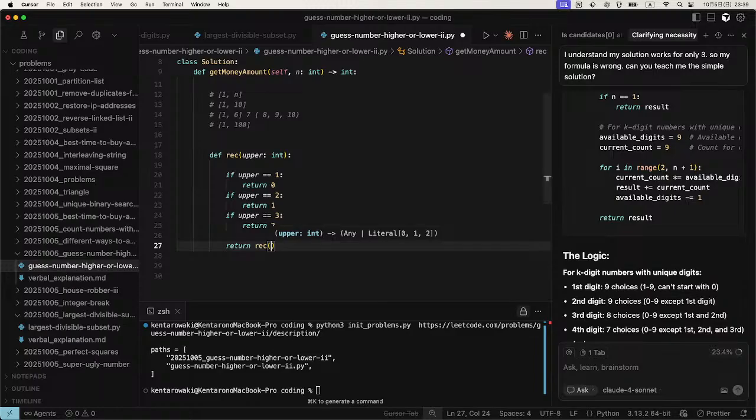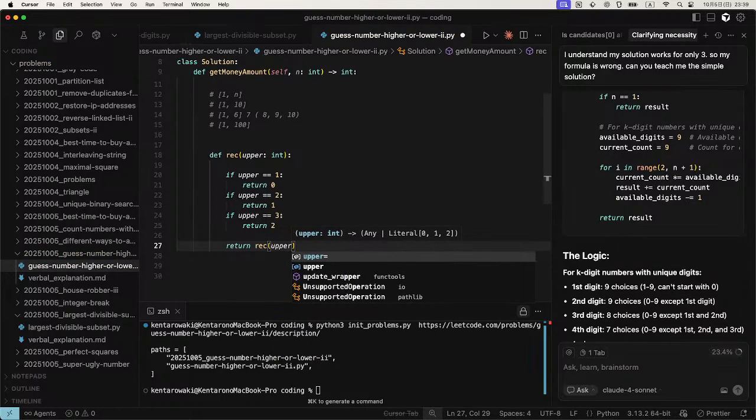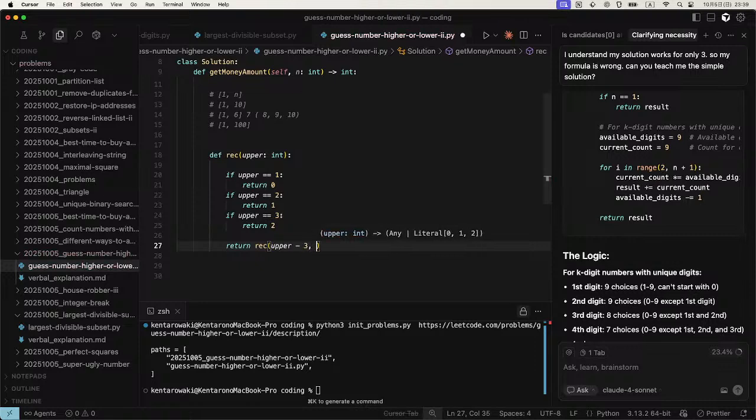Return rec upper - 3, and the cost is upper - 1.